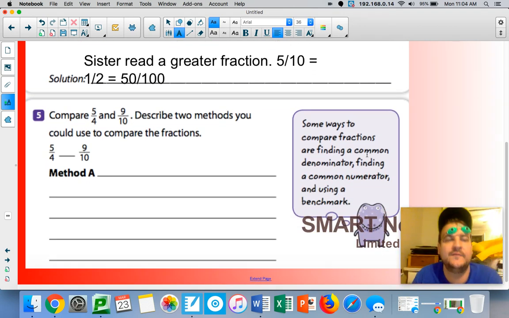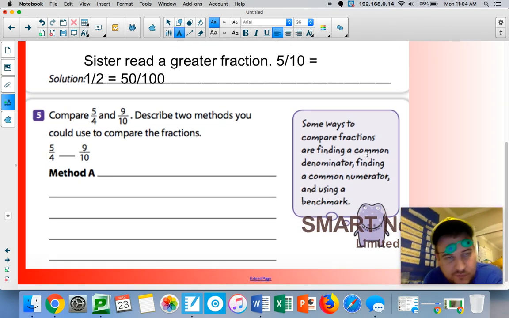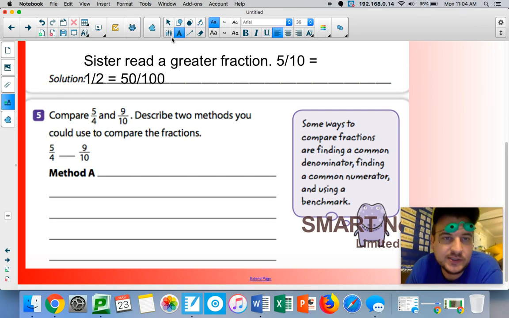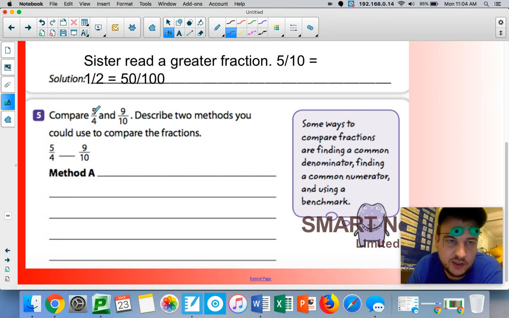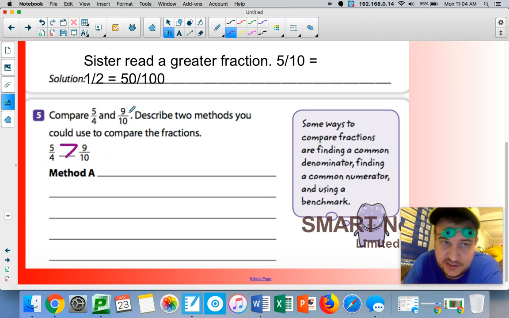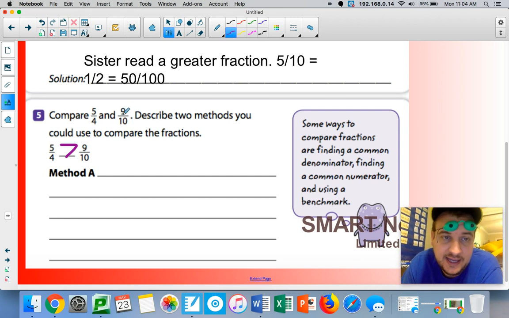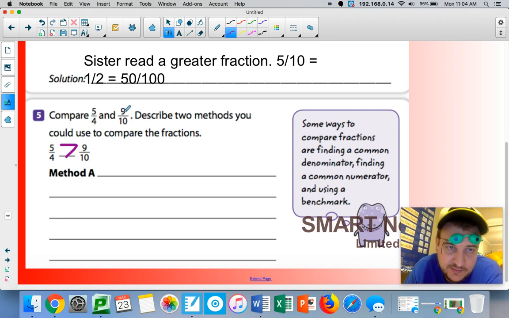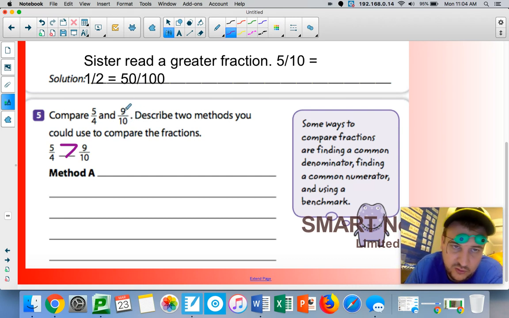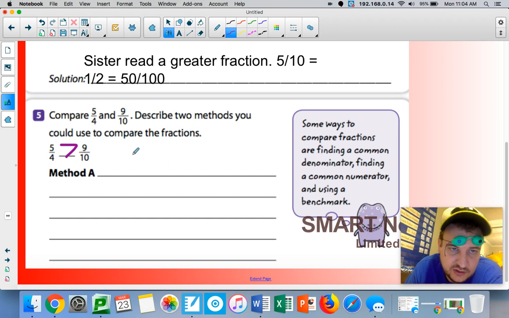Compare 5/4 and 9/10. Well, first off, before I even start working, this is improper, which means it's a whole plus some pieces. So it's bigger. 5/4 is bigger than 9/10 because 9/10 is 9 pieces out of the 10. I don't have the whole thing. Describe 2 methods you could use to compare. Okay.